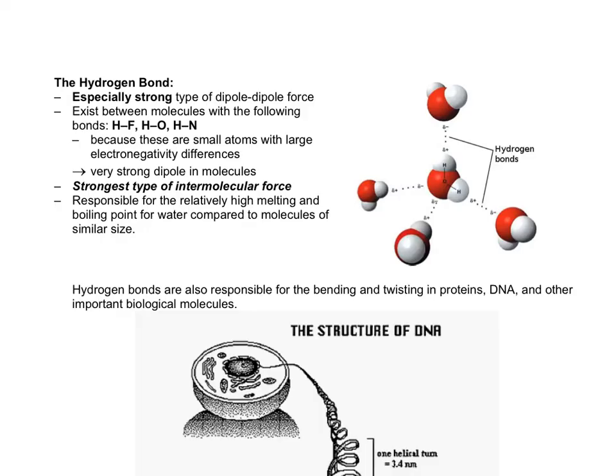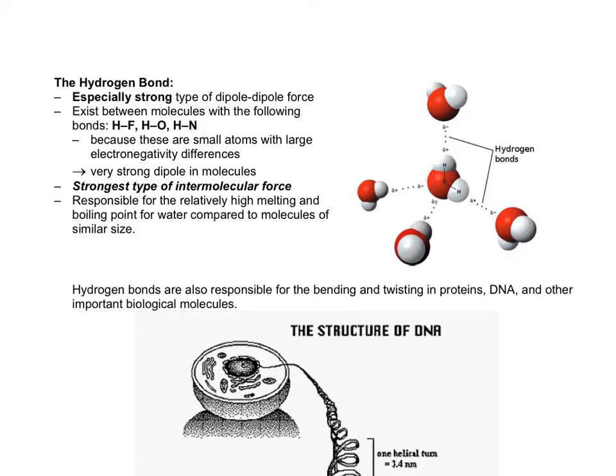Here you have hydrogen bonds, which are the strongest of the three. Remember, dispersion forces are the weakest. Something with a permanent dipole is a little stronger than dispersion, but weaker than hydrogen bonds. An especially strong type of dipole-dipole force is when they're hydrogen bonds, which are extremely strong because of these elements, fluorine, oxygen, and nitrogen, which is what defines a hydrogen bond.